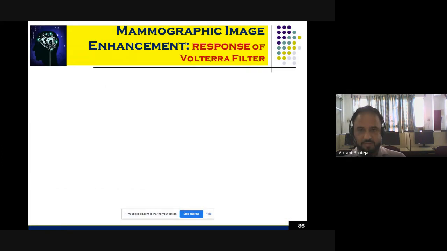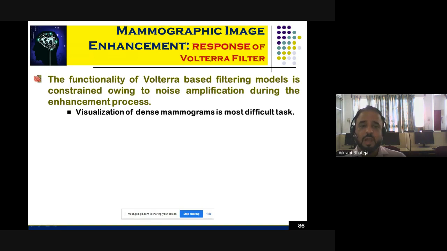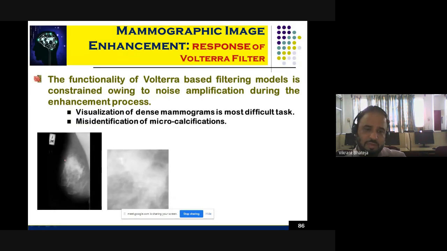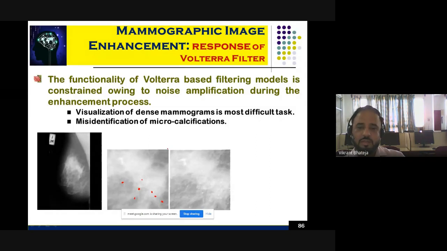Then another thing, suppose you see this particular mammogram. Again, a quick visualization doesn't give you a clear idea of this image. But you can see that there are some tiny white dots in these images. These tiny white dots are called microcalcifications.